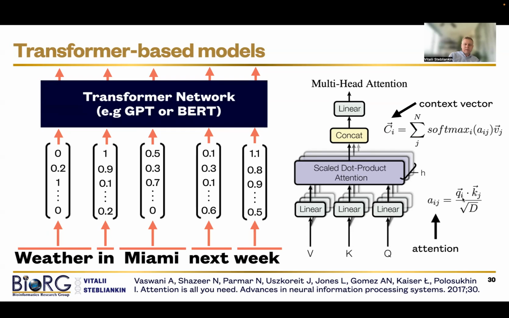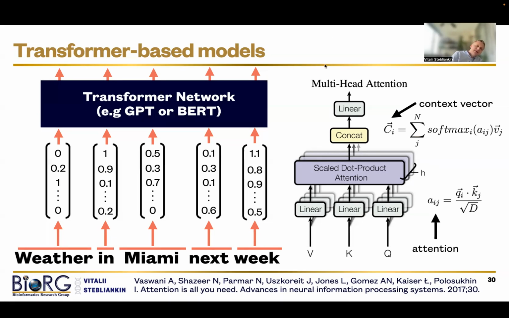So you multiply those vectors, and then it's normalized by the dimensionality. Then the context vectors, the transformed vectors that are the output of the transformer, are computed as the sum over the softmax of all of the attentions multiplied by the value vectors, right?